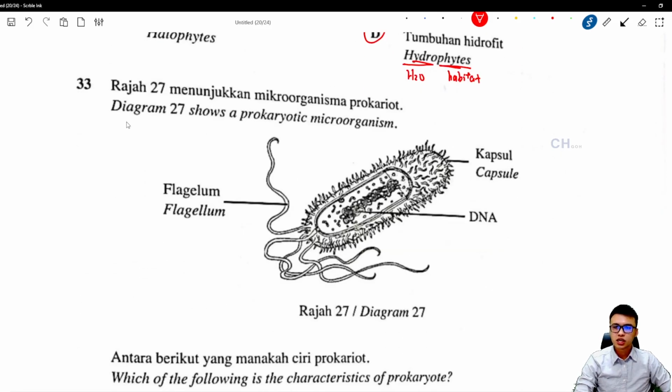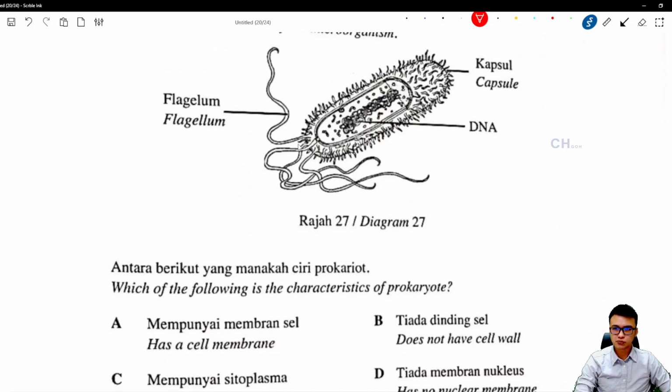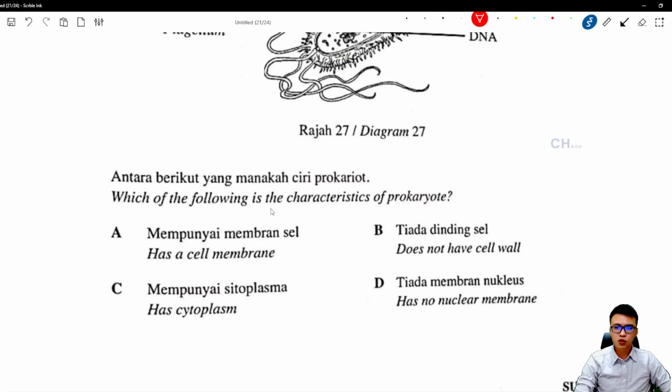Question 33. Diagram 27 shows a prokaryotic microorganism. It has a flagellum, DNA, and capsule. Which of the following is the characteristic of the prokaryotes? Okay, so the main idea: pro means before. Karyotes refer to the nucleus.